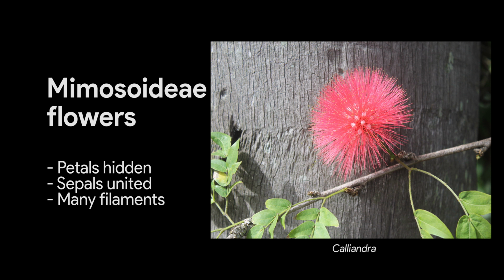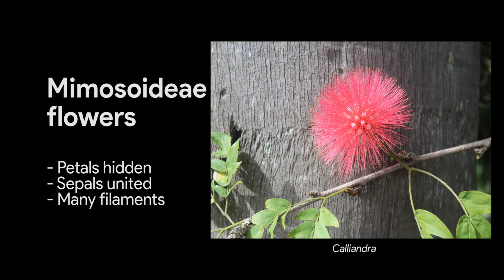A main distinguishing characteristic of Mimosoideae is that the petals are reduced, hidden underneath clusters of long filaments supporting male stamens. This makes the flowers appear like a fluffy ball or cylinder. Flowers are symmetrical around a central axis.